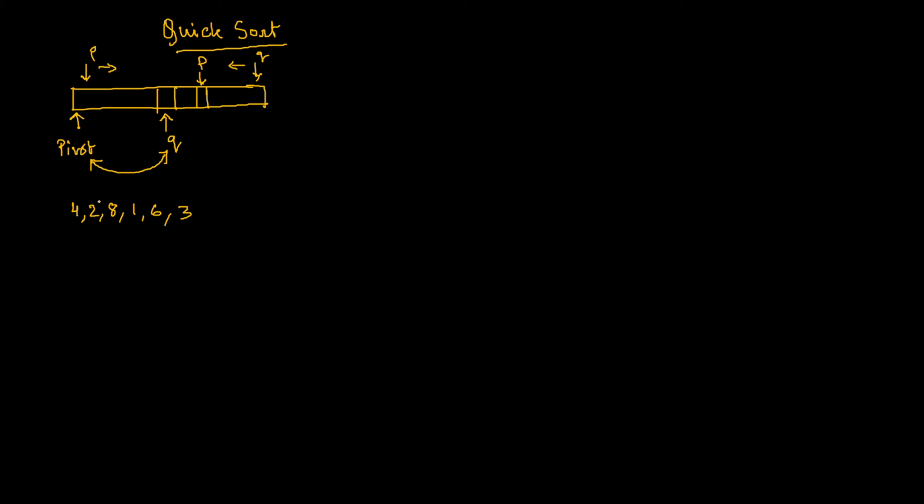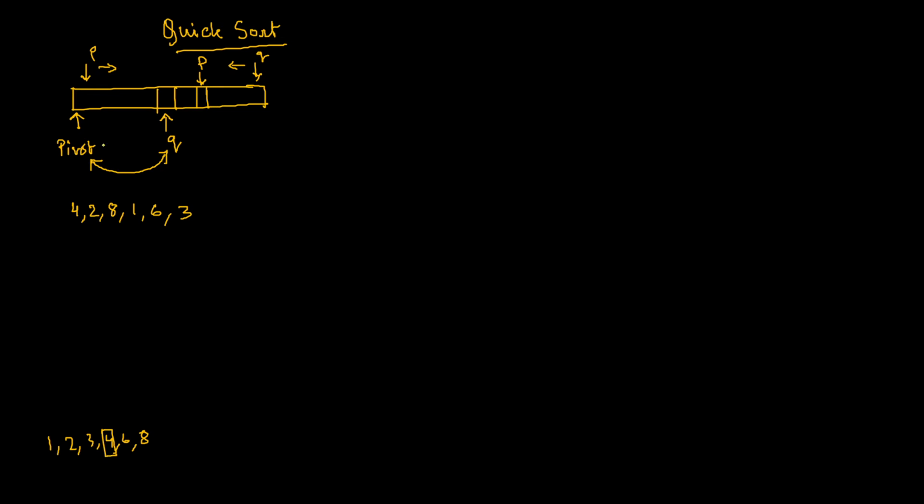I'm not going into exact detail of P and Q, but with respect to the original array, 4 should be in its fourth place, because the sorted array will be something like 1 2 3 4 6 8. So 4 should be in the fourth position.